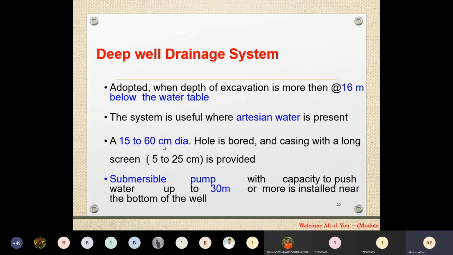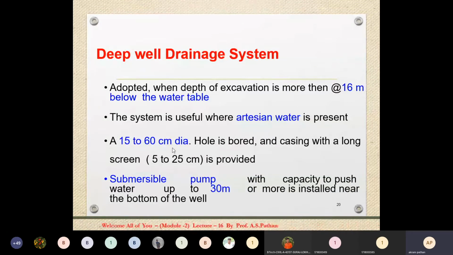So a 15 to 60 centimeter diameter hole is bored and casing with a long screen of 5 to 25 centimeter is provided. Then we require a submersible pump with capacity to push the water up to 30 meter or more, installed near the bottom of the well.